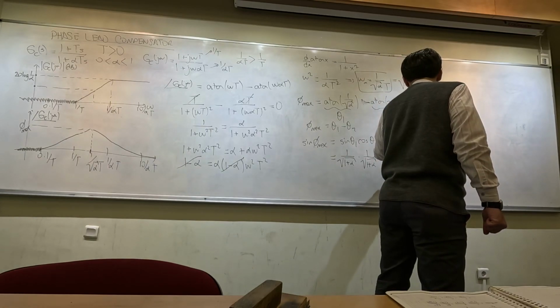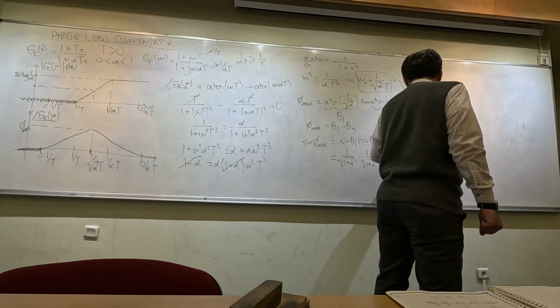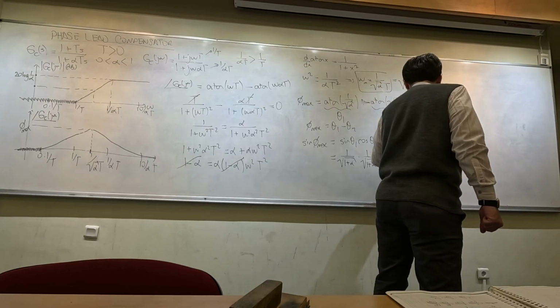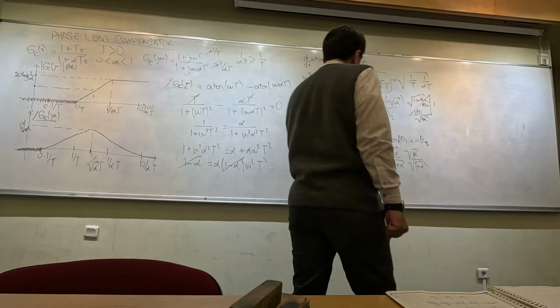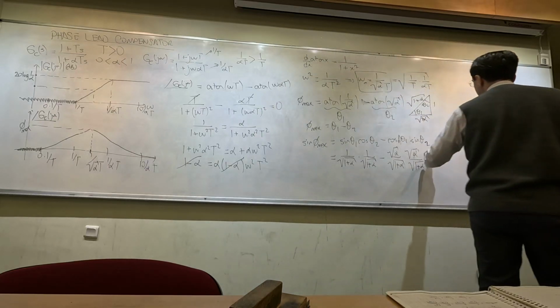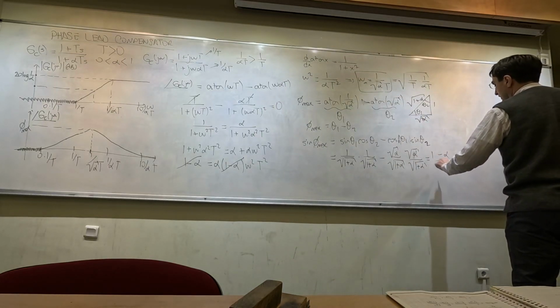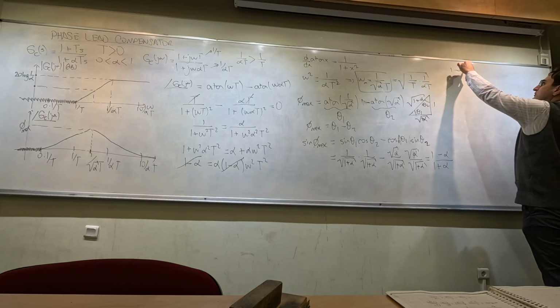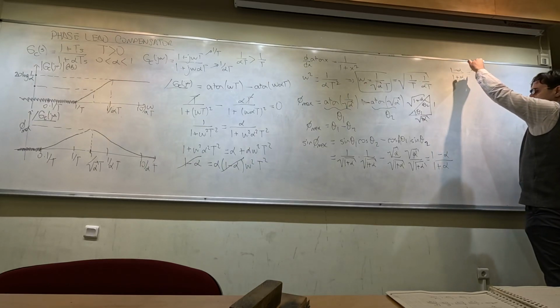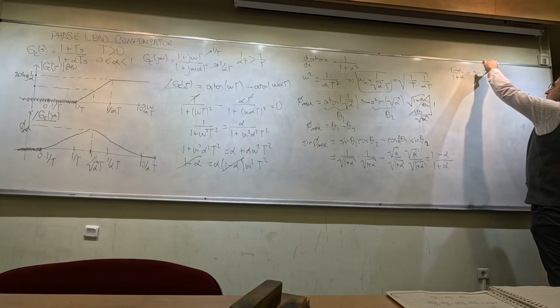And sine of theta 2 is going to be the same as this one, square root alpha divided by square root 1 plus alpha. Okay? And this is going to give me the following: 1 minus alpha divided by 1 plus alpha. Okay? And I have the expression 1 minus alpha divided by 1 plus alpha is equal to sine phi max.